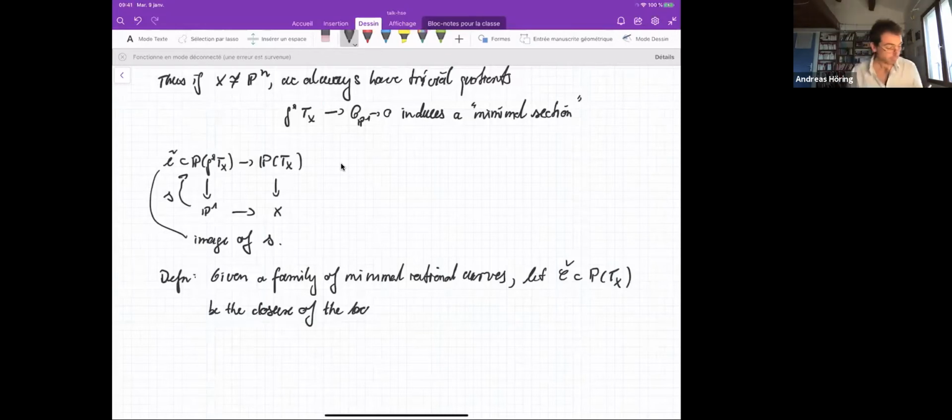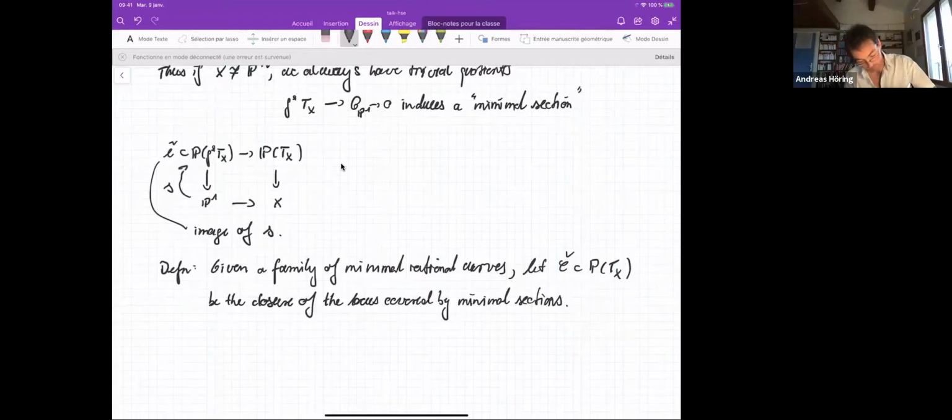And so we will call this locus the total dual VMRT of the family of minimal rational curves.